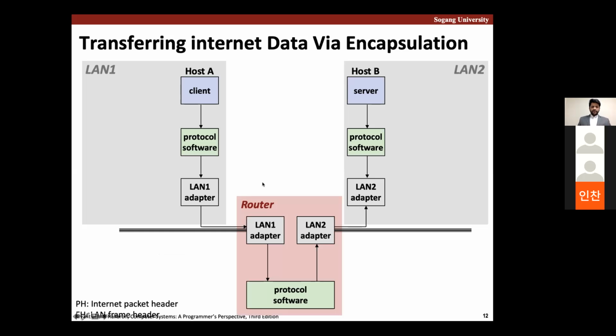This figure shows how packets travel from one host to another. In this figure you can see host A and host B, on two different LANs, LAN 1 and LAN 2. Host A on LAN 1 will transfer data through a router to host B on LAN 2, and it will use encapsulation, so the packets will be encapsulated.